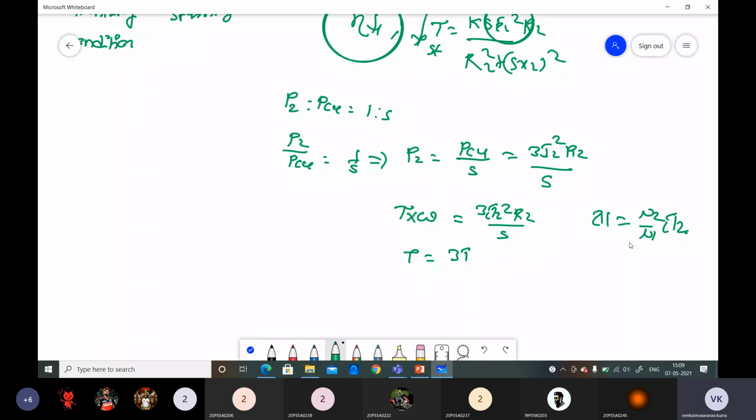So now I2 equal to N1 by N2 into I1. Assume N1 by N2 is constant K, so here I2 is replaced by K I1. So tau equal to 3 (K I1) whole square R2 by omega into S.